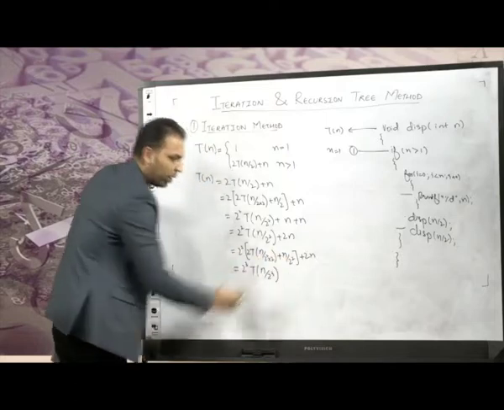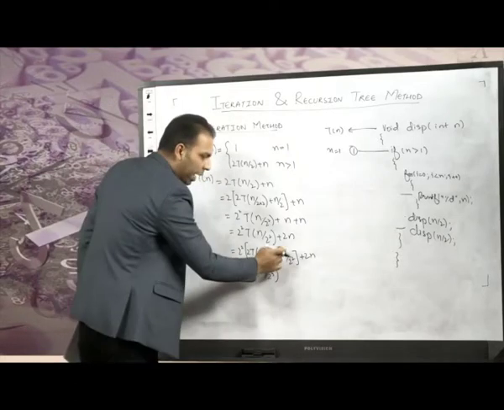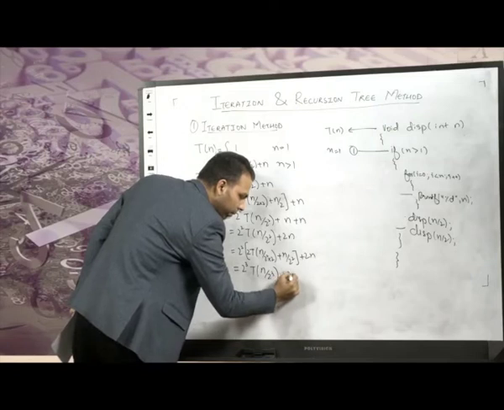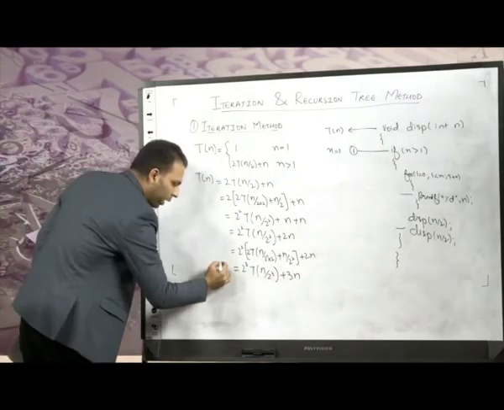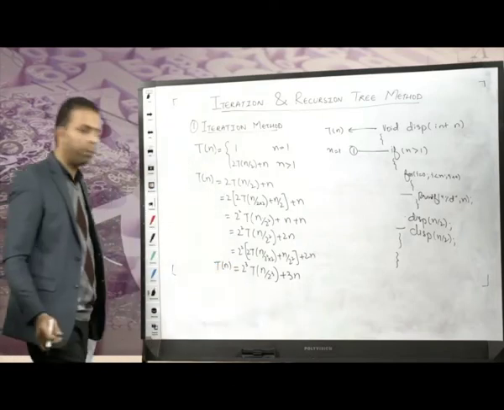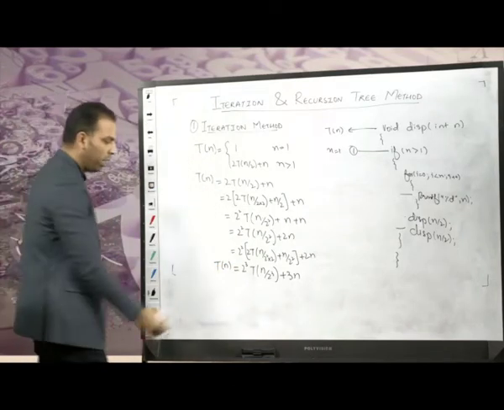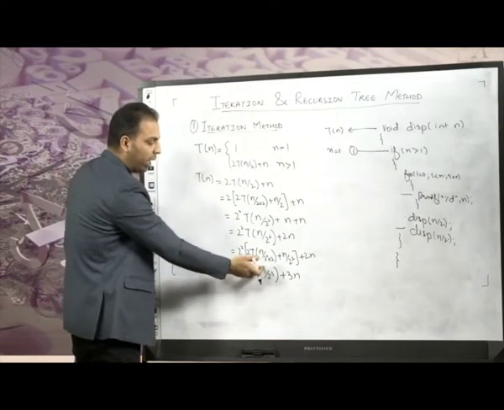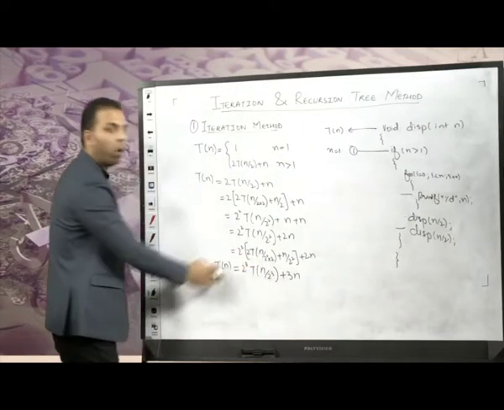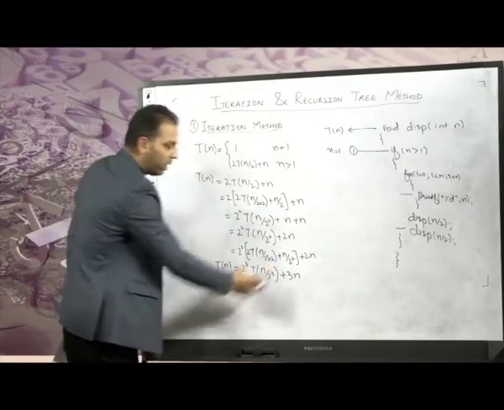This is 2 square and this 2 square will get cancelled. There will remain n, plus 2n will be 3n. So we have found a pattern. What is the pattern? The pattern is 2 raised to the power, whatever, that is 3. Then we have to take T(n divided by 2 raised to the same power), that is 3 here, and we have to add 3 times n.